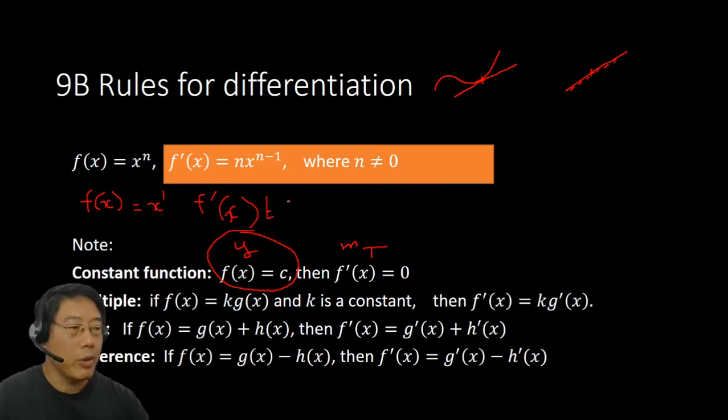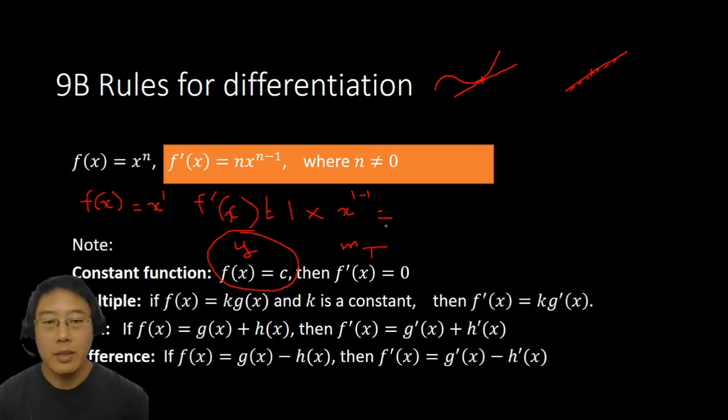Well, you don't have to write it, but I'm just doing the working out. So it's 1 times, because I'm applying the formula that I had above, x to the power of 1 minus 1. And as you remember your index laws, x to the power of 0 is 1, so it simplifies to just 1. So the derivative of a straight line is going to be a constant.